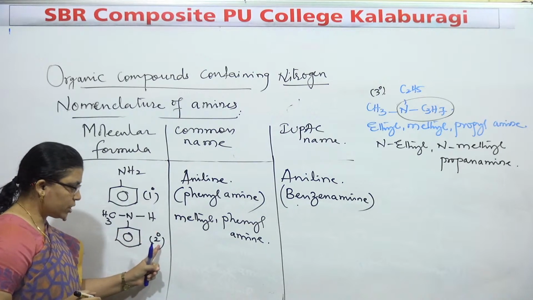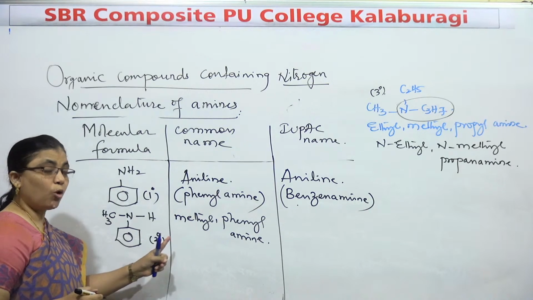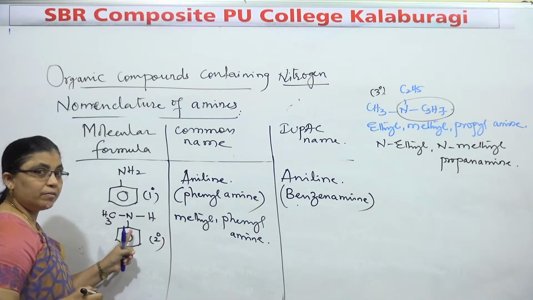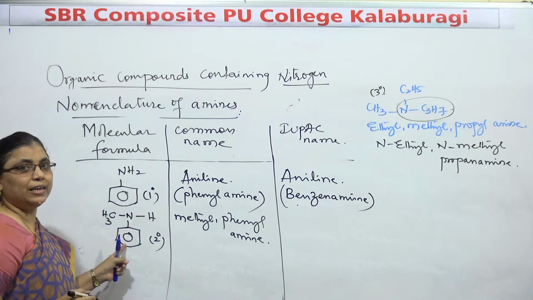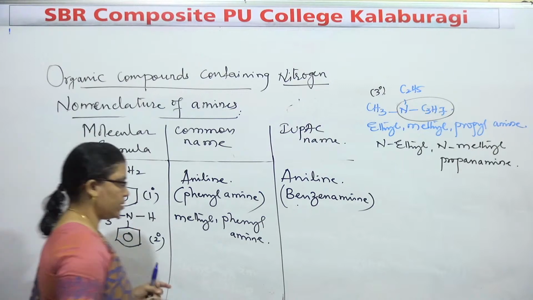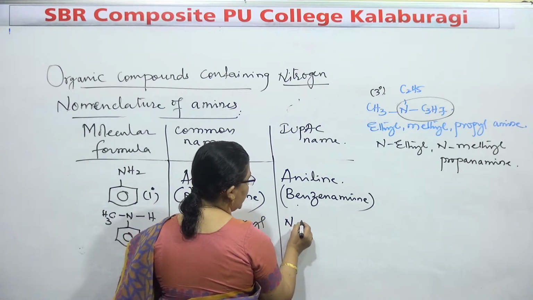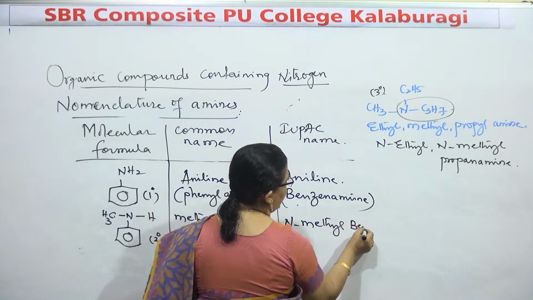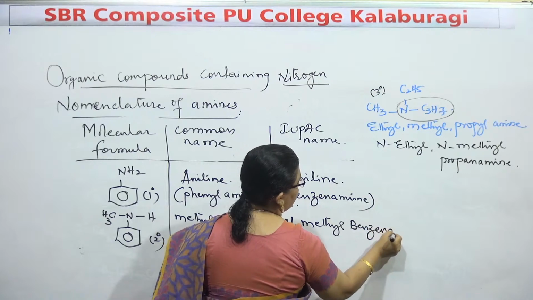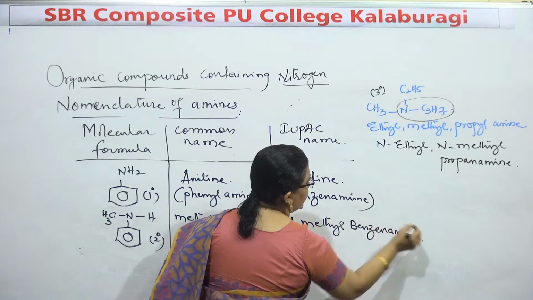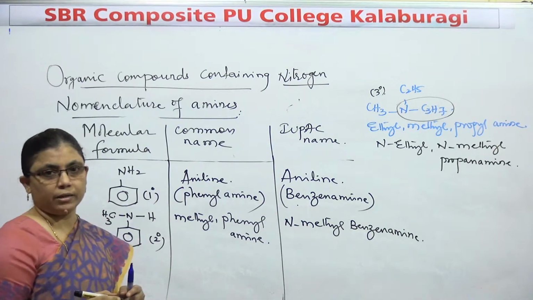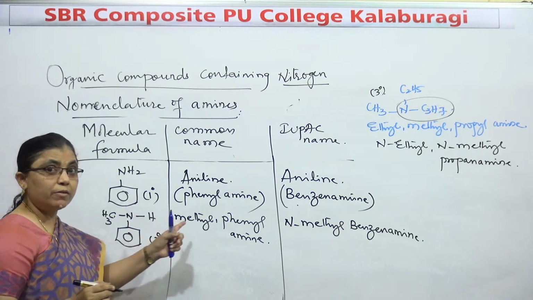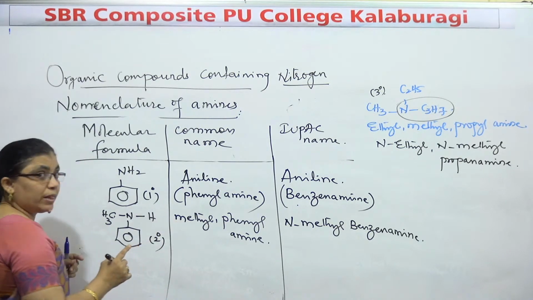It is a what, children? Secondary. So how to name it? We can name it N-methyl aniline or N-methyl benzenamine. Remember one thing, whenever we are going to write the IUPAC name, we need to concentrate on the nature.